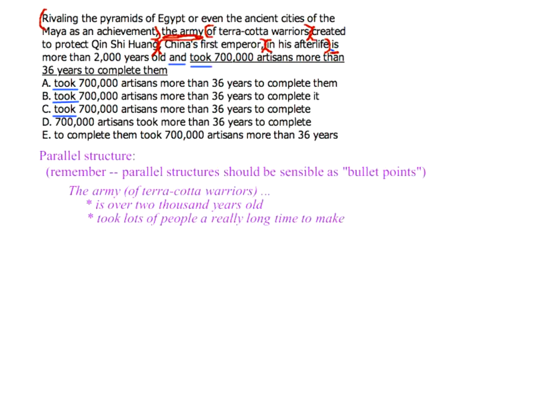On the other hand, this is a complete sentence. Or at least it has a clause. It has a subject and a verb. So this is not parallel to anything that comes earlier.